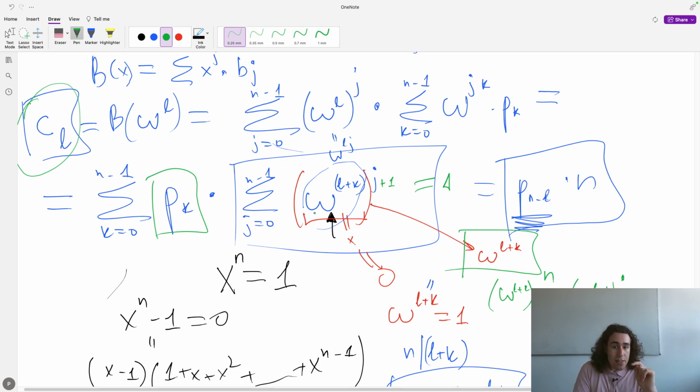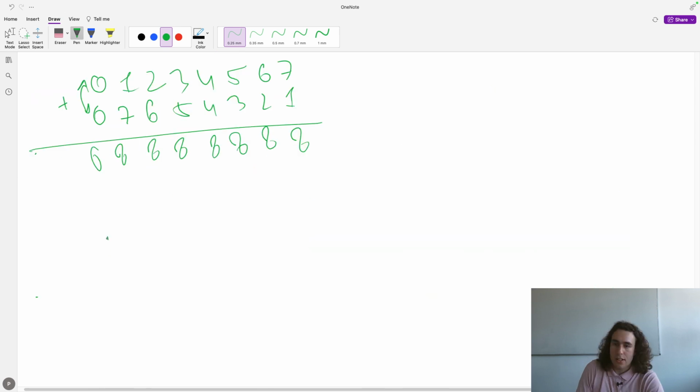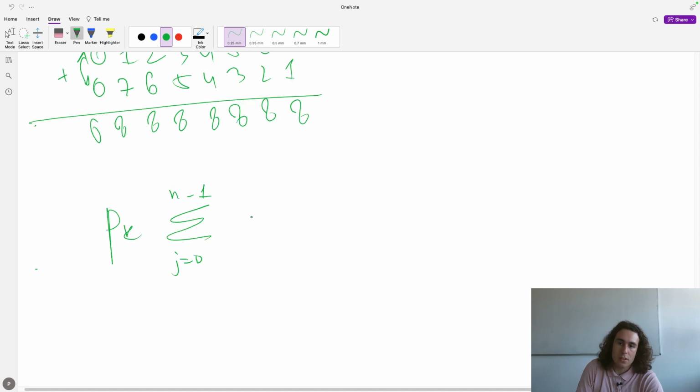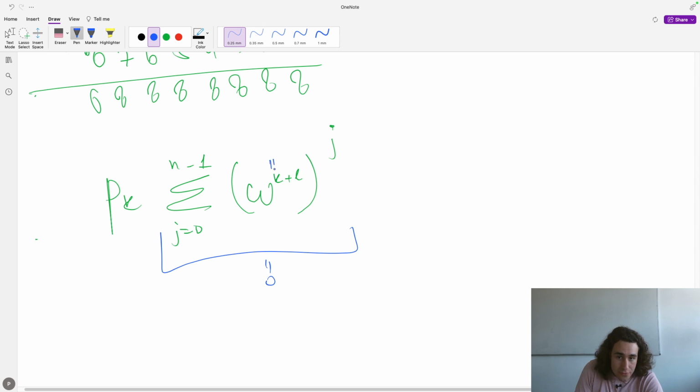But if omega to the power of L plus k is 1, this picture is horrible. Let me write it again. pk times sum over j from 0 to n minus 1, omega to the k plus L to the power of j. And we know that most of the time this is 0. But if omega to the power of k plus L is 1, then this is 1 to the j, so this is 1, and I sum up for all j's.